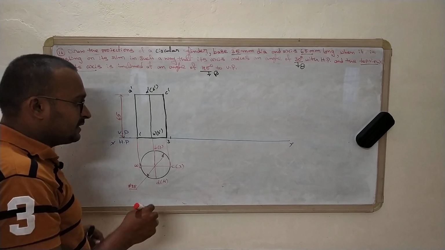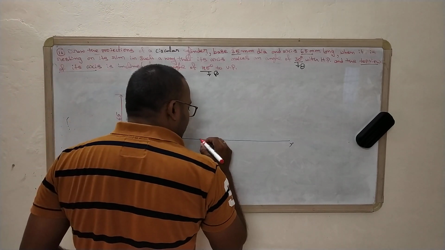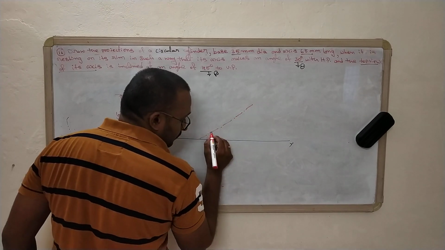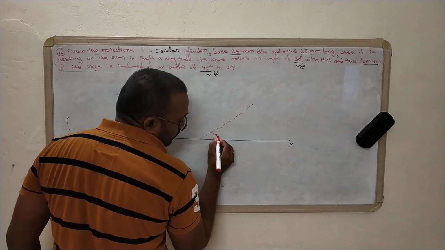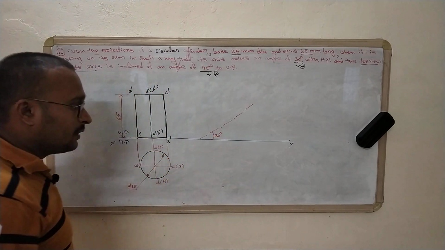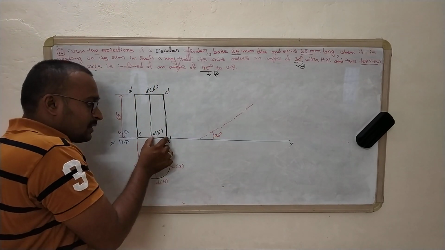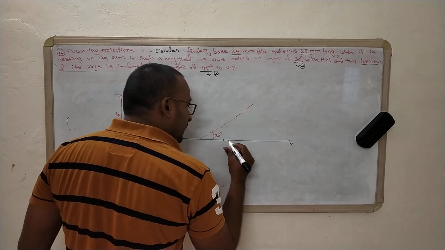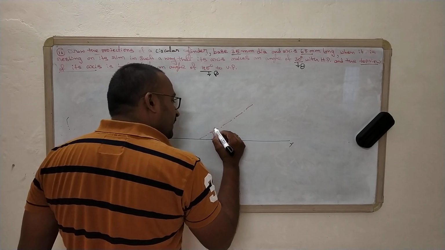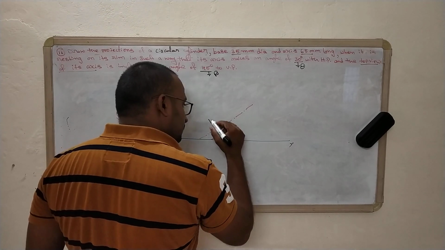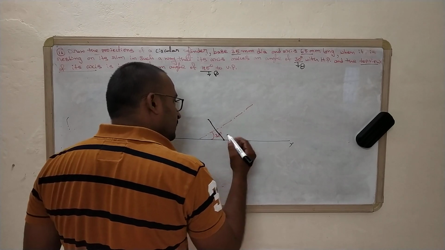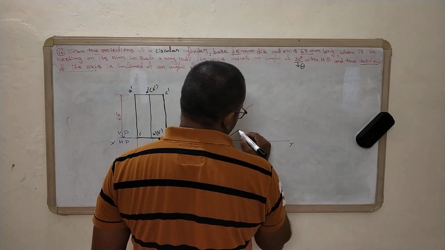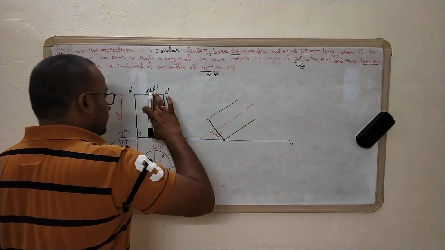Now we are going to rotate at an angle of 30 degrees to the ground. Then take the distance of 4 dash of 3 dash and mark it on the same line. Then draw the perpendicular line. Then the side, which is equal to 65 mm.